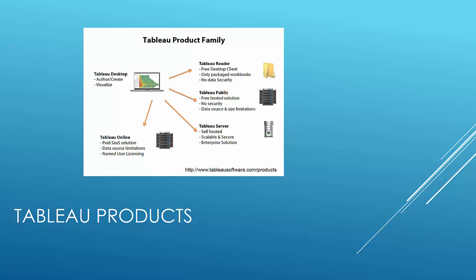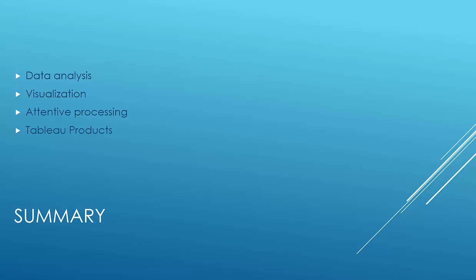So that's all with Tableau products and in this introduction section. Let's see what we really covered in this section. We talked about data analysis, what data analysis is, and then we talked about visualizations. We saw two visualizations next to each other and saw the difference in how the story unfolds as we add more and more visualizations. We talked about attentive processing and non-attentive processing and how that could be helpful.